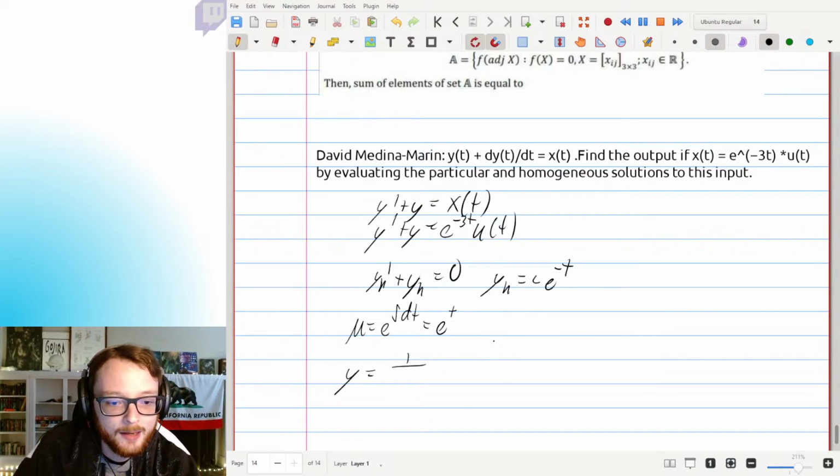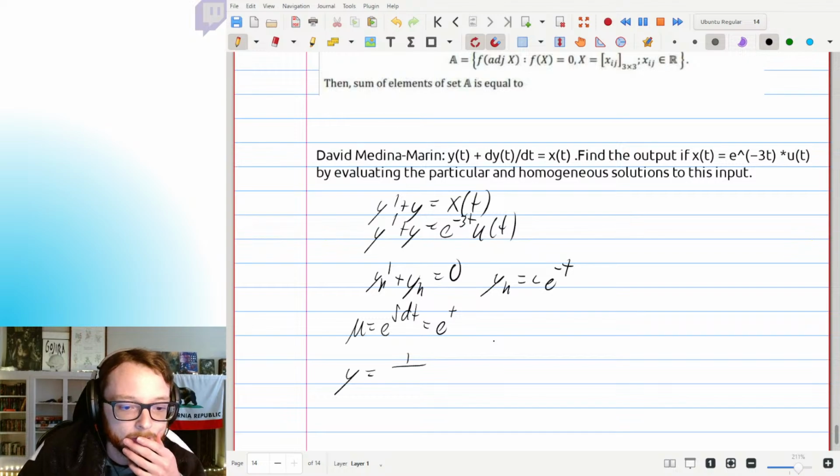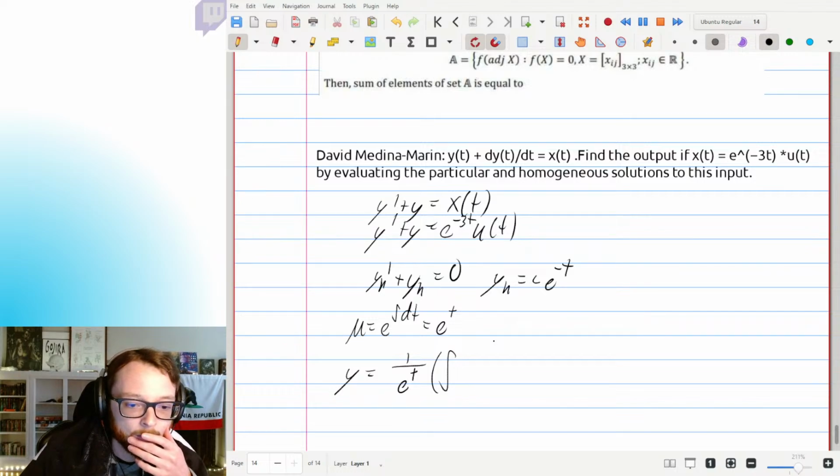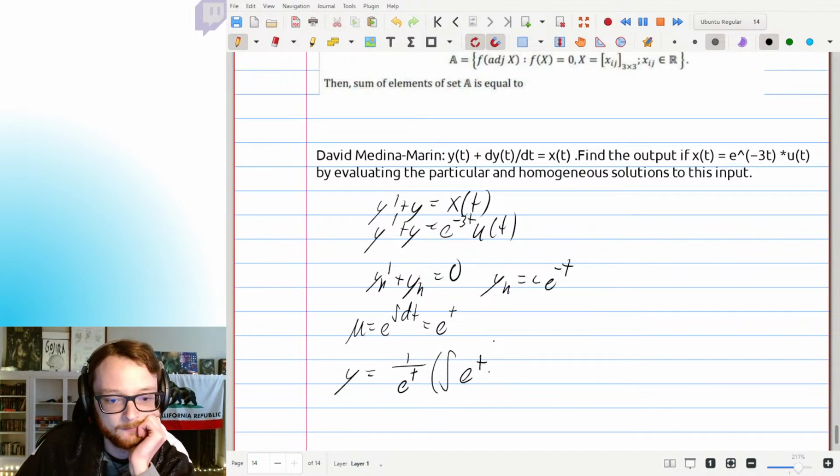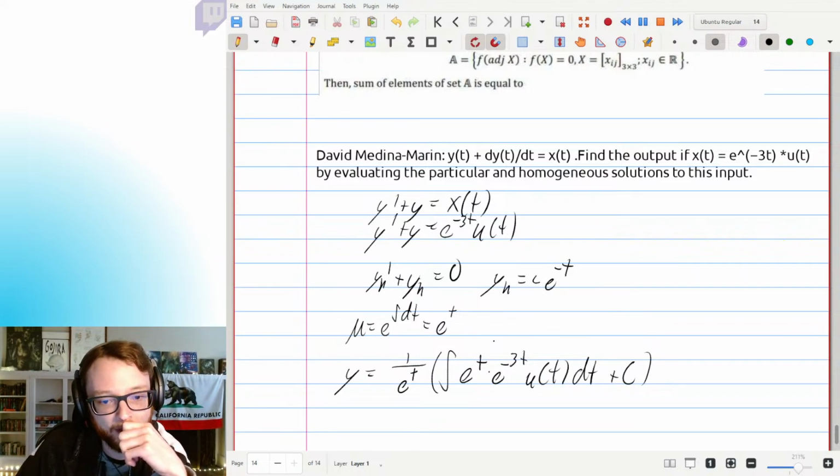I really just need to learn how to derive it. Integrating factor times that thing. And I'm going to prematurely add in the constant of integration c, just remember to bring it in later.